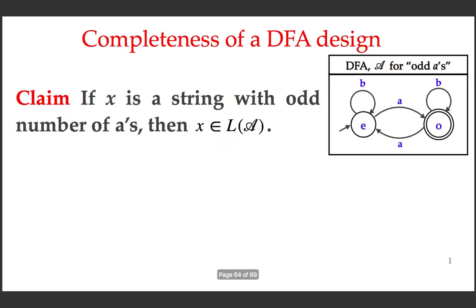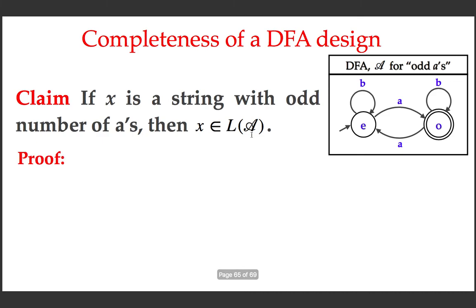So you are done. What I proved is that if I process a string of odd number of A's, I will finish in O, and if I process a string of even number of A's, I will finish in E, and that is the subclaim. And we have to prove that when X is a string with an odd number of A's, then X is accepted by the language.